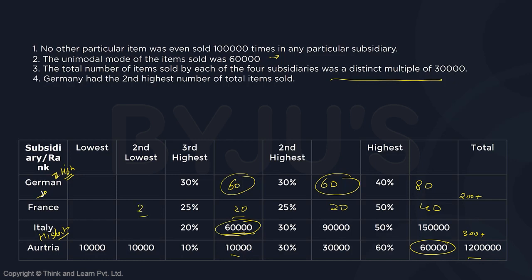At best I can do 20, 20 to make this the third highest, and that also I'm getting at max 140, which is not a multiple of 30,000. So this case is also not possible.